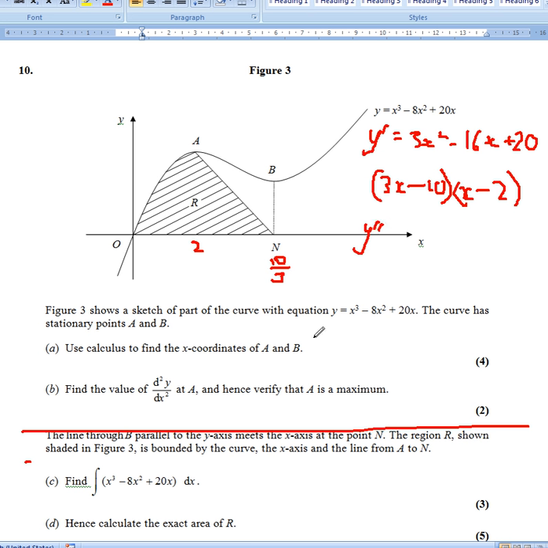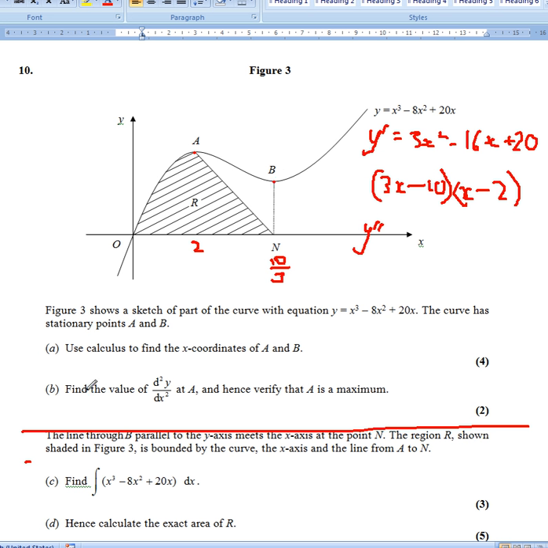Now we need to find the whole coordinates, so we put the value 2 into this to get the y coordinate. 2 cubed is 8, take away 8 fours, so take away 32, add 40, so that's 8, add another 8, 16. 2 comma 16 here, I think. And I can't do 10/3 in my head, but put 10/3 into that to find the y coordinate here.